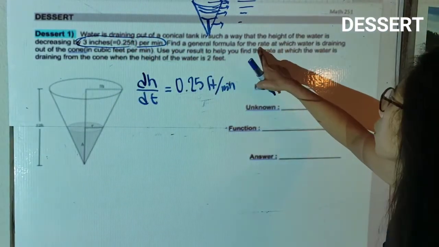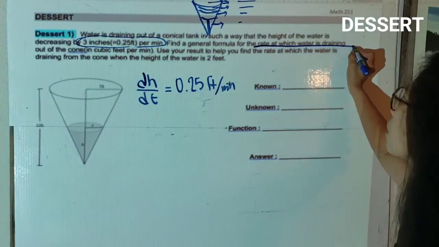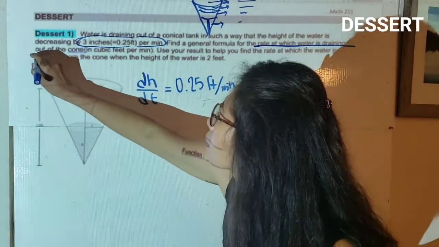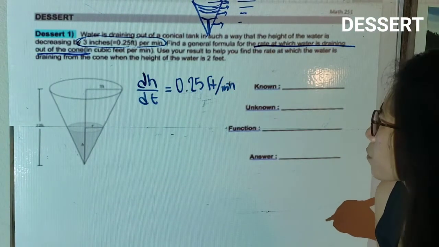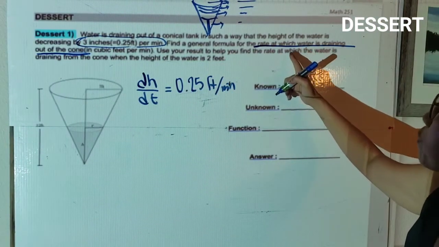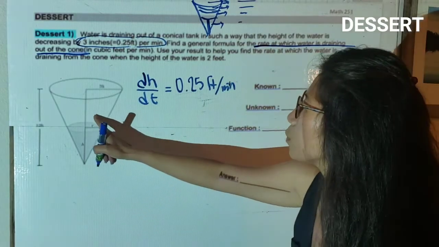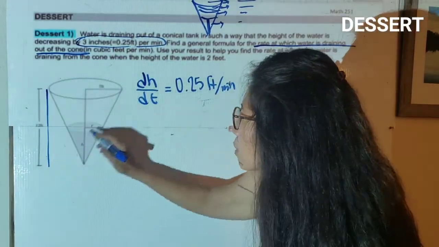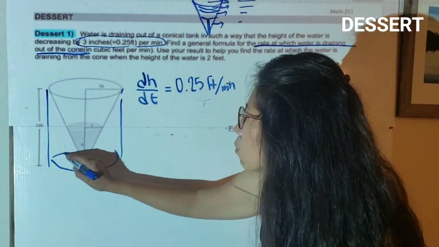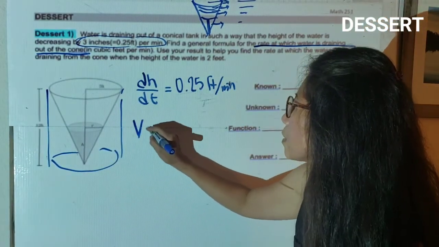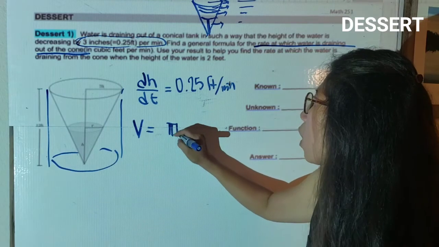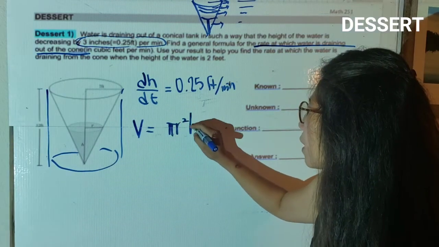Find the general formula for the rate at which water is draining out of the cone. Whoa, cubic feet per minute. So we have to find the volume here. What will be the volume of the cone? Do you guys know that? What is the volume of a cylinder, which is going to be the base? The volume of this cylinder is pi r square h, right?